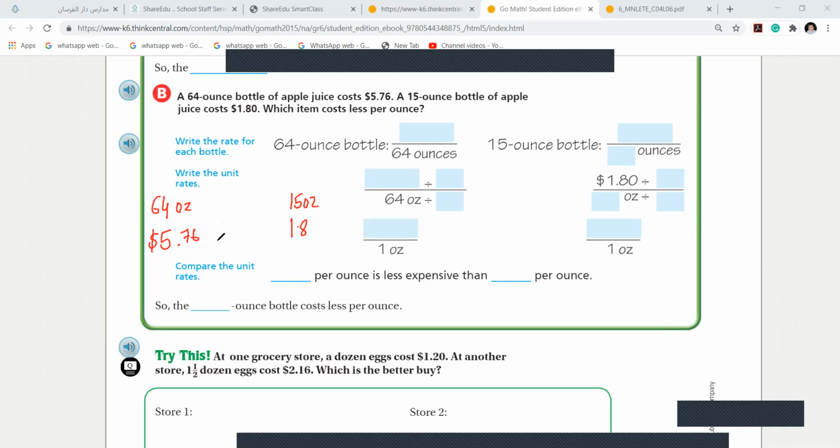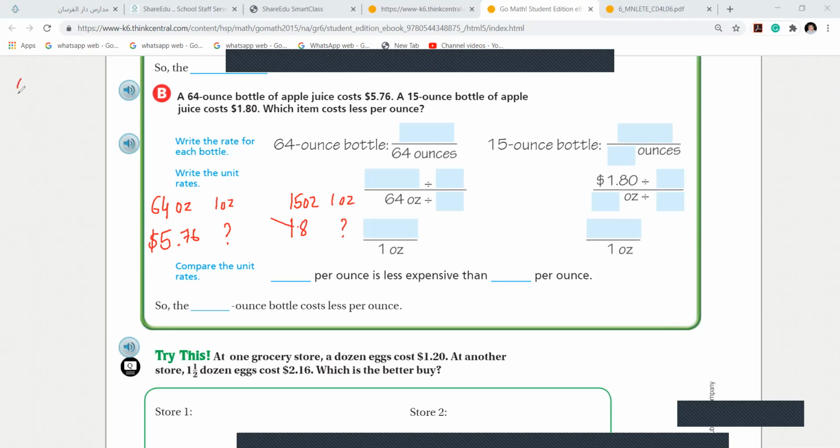I need to know for one ounce. One minute, girls. Let us see the question. What did they ask us in the question first? Which item costs less per ounce? Per ounce means we have to know for 1 ounce how much. How many dollars? For 1 ounce, how much is the cost?